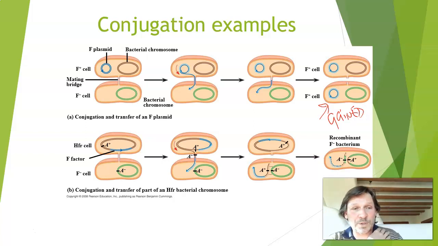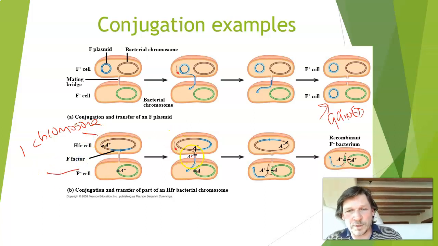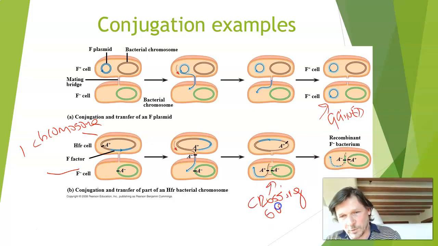So that's how plasmids can move from one cell to another. Here, it's showing you a particular gene, right? And notice they're both starting, they just have one chromosome each. And so it duplicates not the whole chromosome, but a bit of it, and then it will do that crossing over again. You don't have to know how that works.